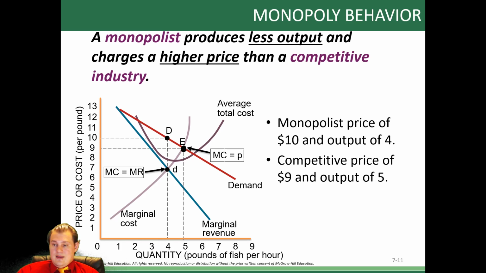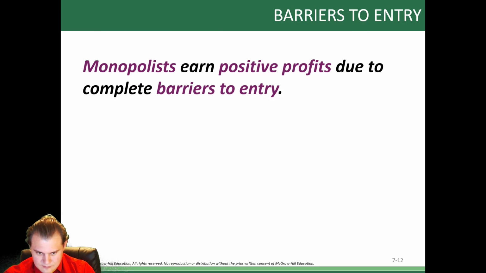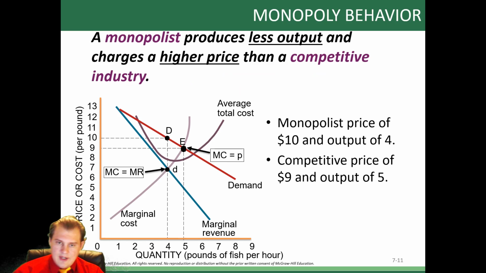If we look over here, if we see the average total cost, it goes from E down to the bottom of the ATC. They're making $1 per unit, so they're making $5 in a competitive market, all the suppliers together.